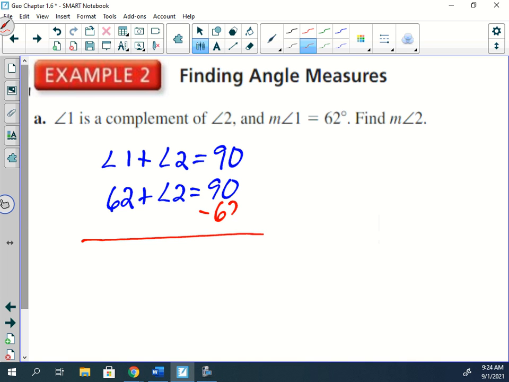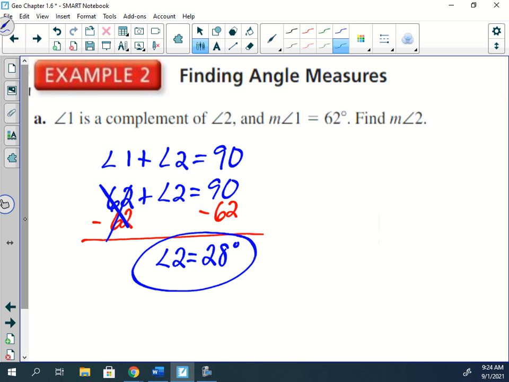So really we can just subtract 62 from 90. 90 minus 62 is 28 degrees. And that's it. Because 1 and 2 add together to be 90, so 62 plus the other angle is 90. Well, I can subtract 62 from 90 and get 28.